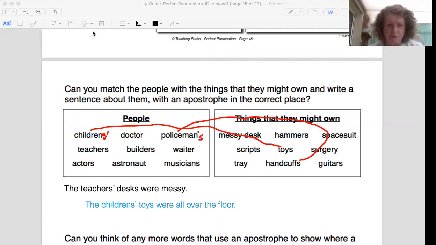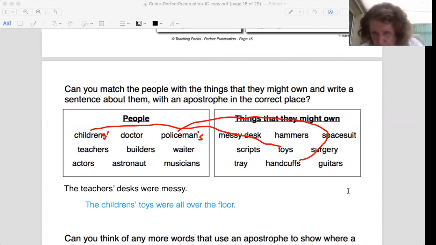Let's do a sentence. Let's see if I can do it here. The policeman's handcuffs were on his belt. Oh, belt.